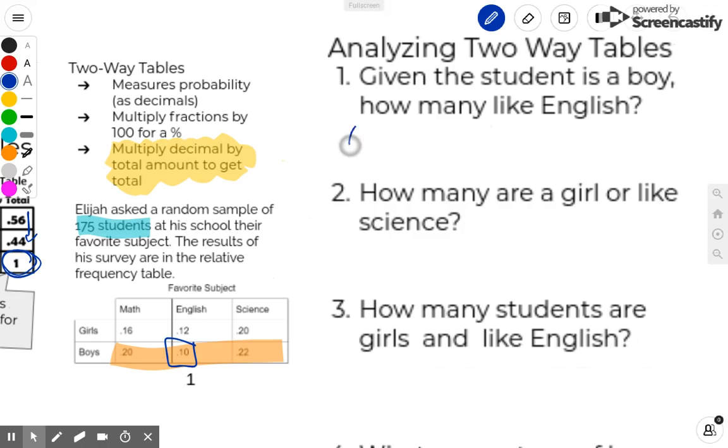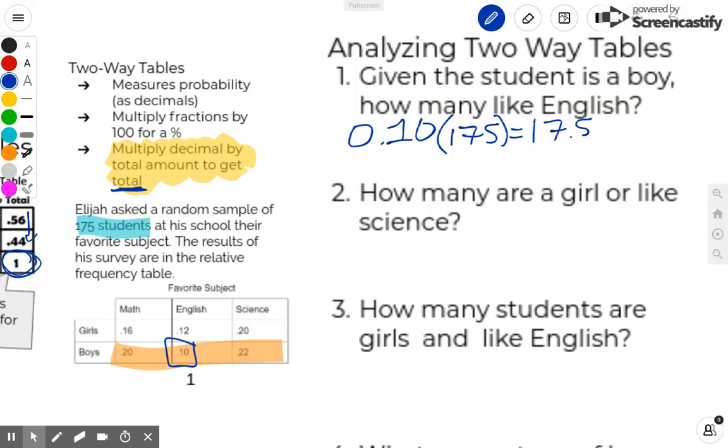So it is 10% of the people that Elijah asked are boys who like English. Now, in order to get the total for that, I need to multiply it by the number of students. So that's 175. When I multiply that, I get 17.5.